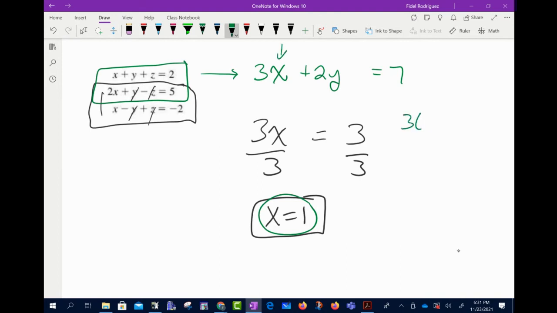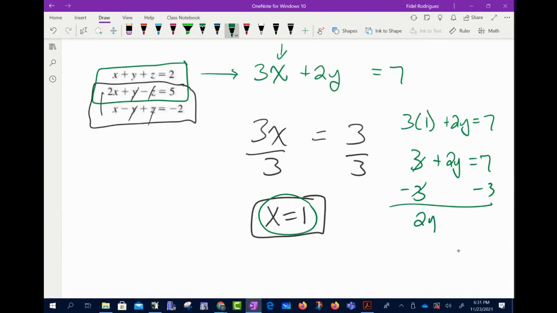Okay. So we're going to go 3 times 1 plus 2y is equal to 7. So this is 3 plus 2y equals 7. So when I subtract 3 on both sides, I end up with 2y equals, let's see, 7 minus 3 is 4. And if we divide both sides by 2, we get y equals 2.